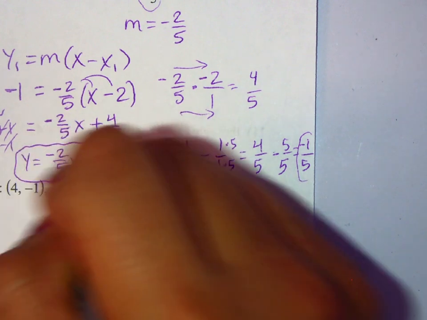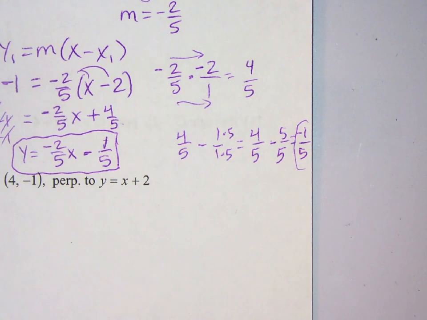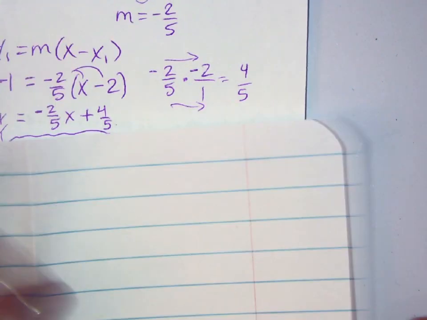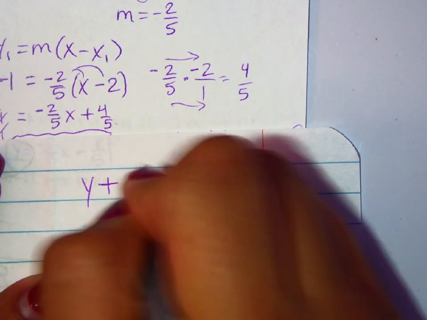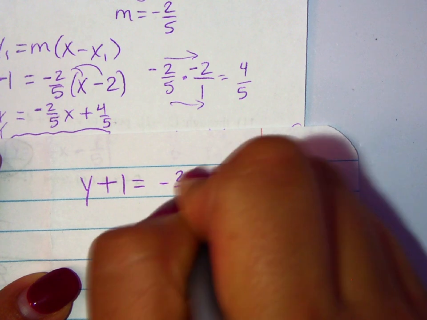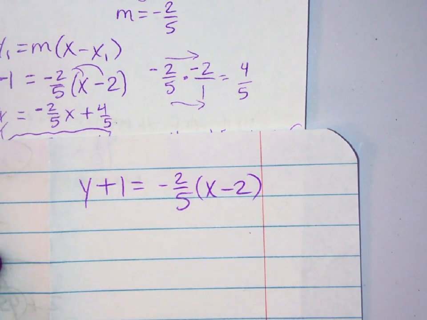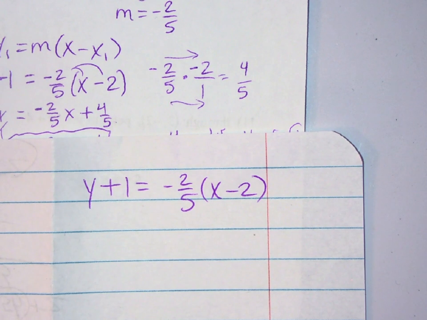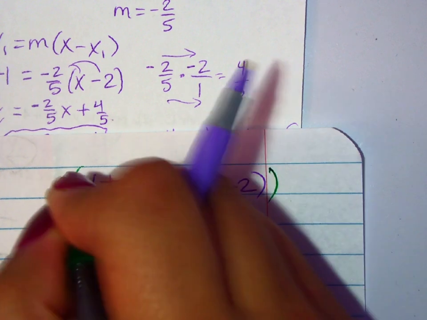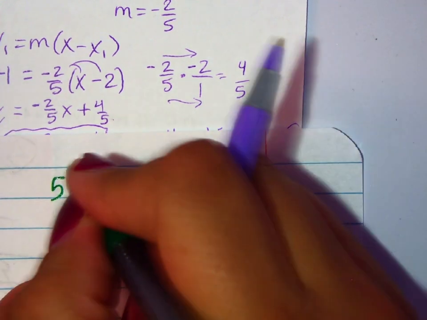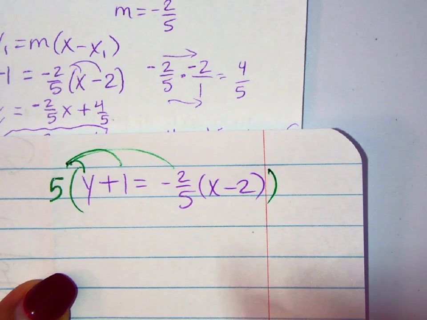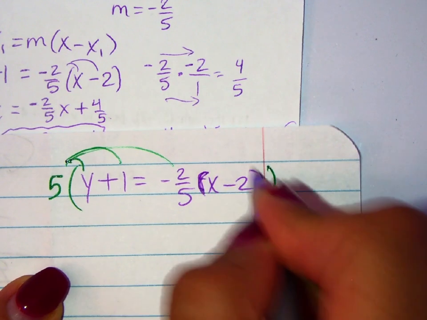And just so you can see that we would have gotten the same answer if we would have multiplied, let me show you that example. So to get rid of the fraction, we could multiply already by 5. And then we will be multiplying only these 3 parts because this is inside the parentheses.